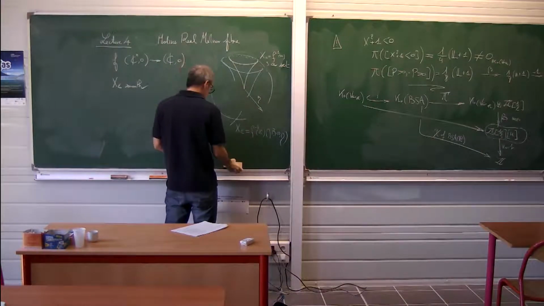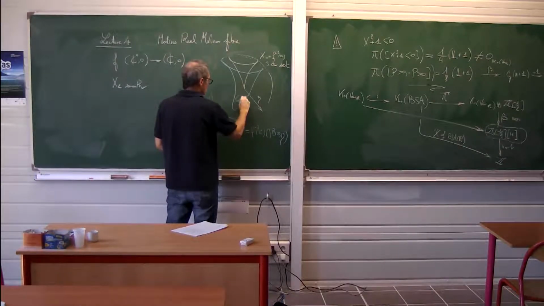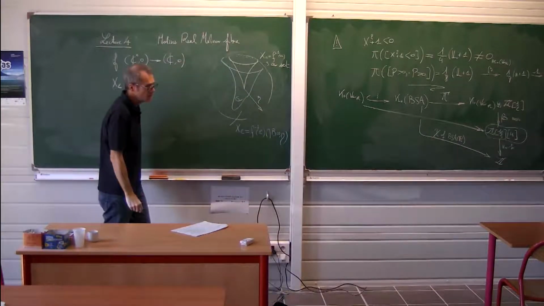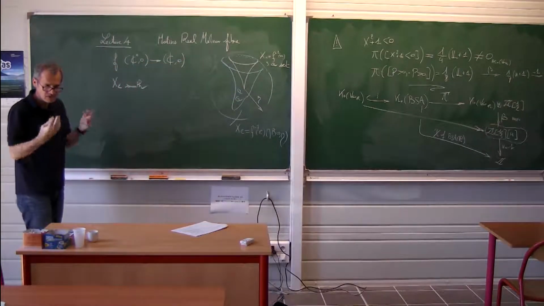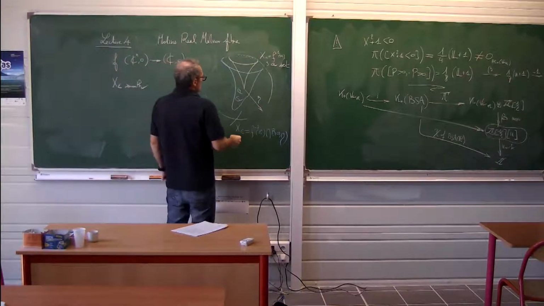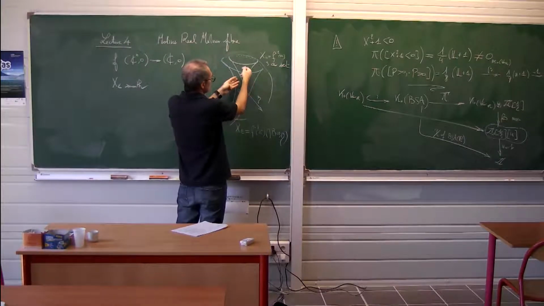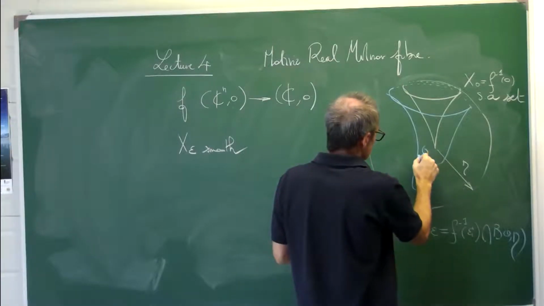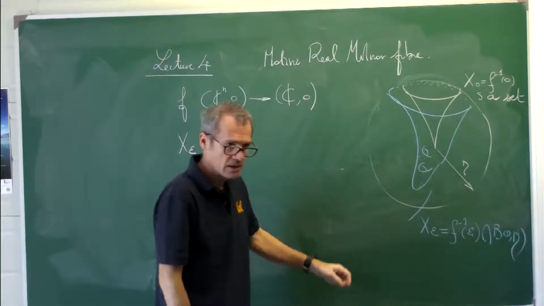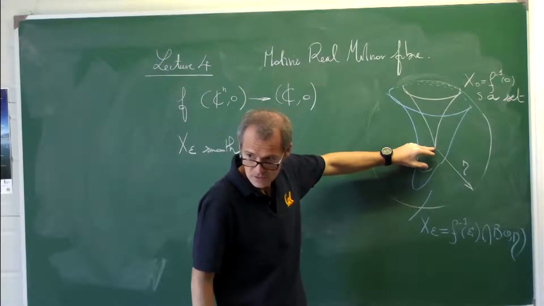So my picture was too naive. You may imagine a certain number of holes in the blue manifolds. And since when epsilon goes to 0, the blue set goes to the white one, it means that we have cycles that vanish when epsilon goes to 0.